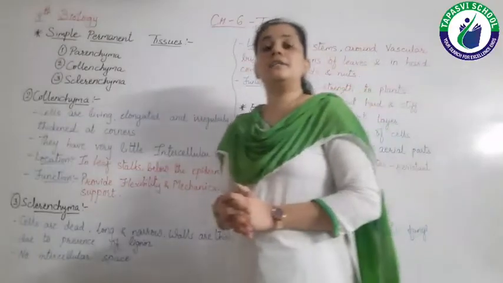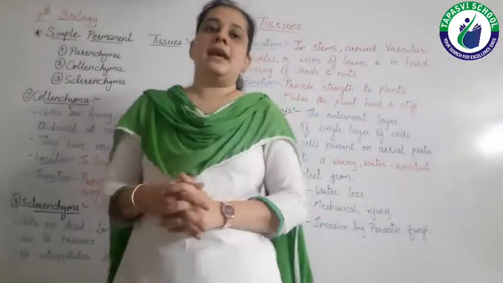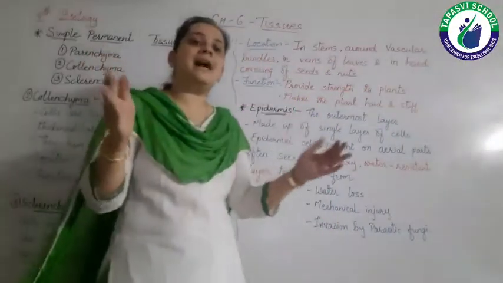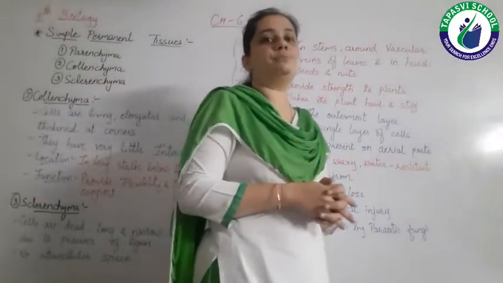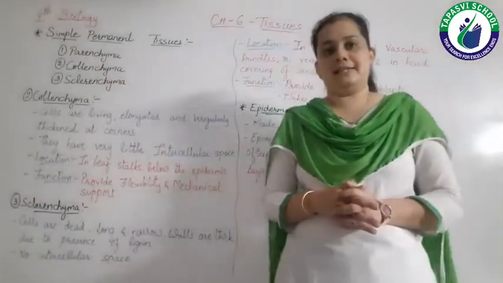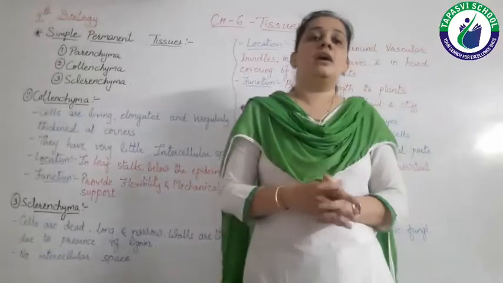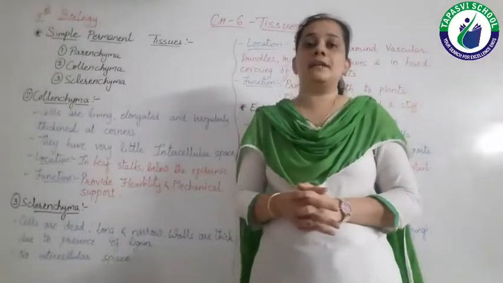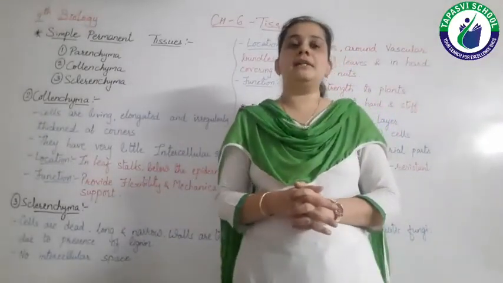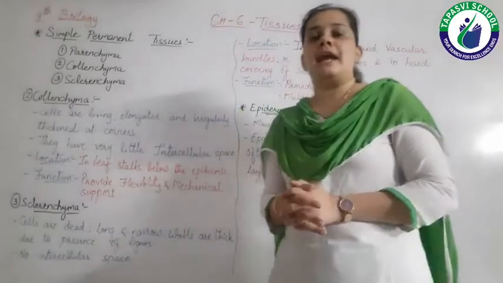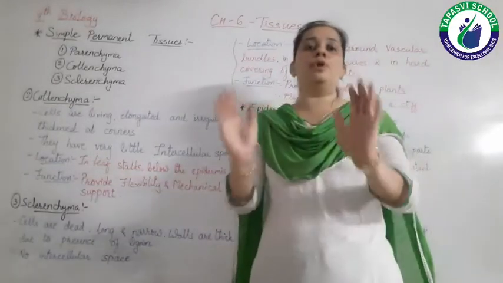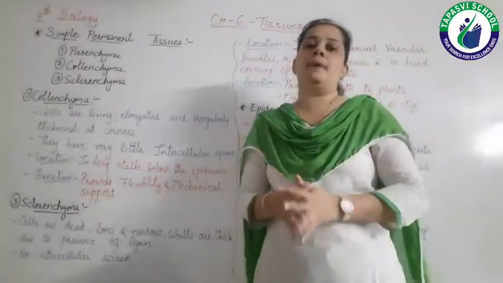Then they are unspecialized cells and they have very large intercellular space between the cells, okay. And the main function of this parenchyma is to store food and to give support to the whole plant.